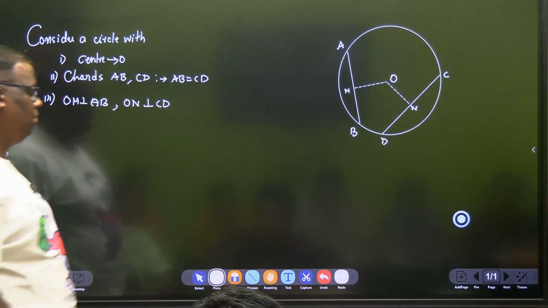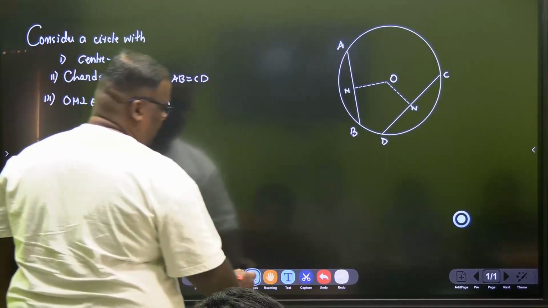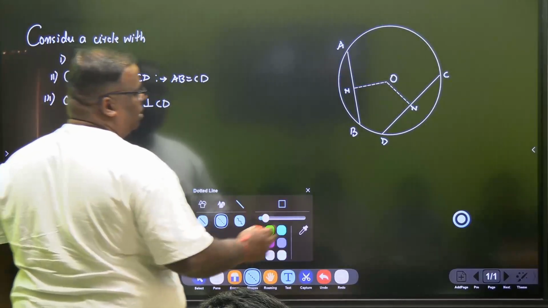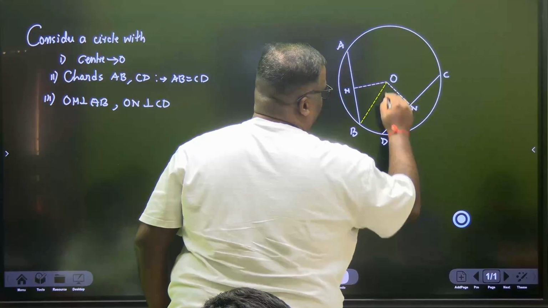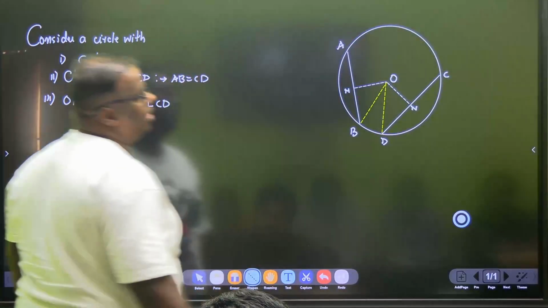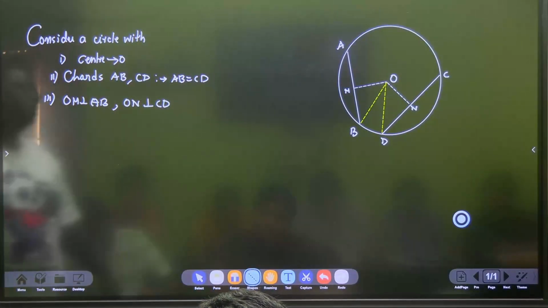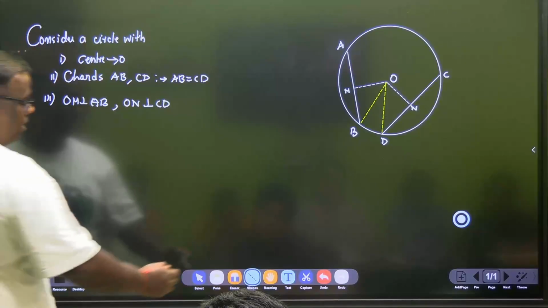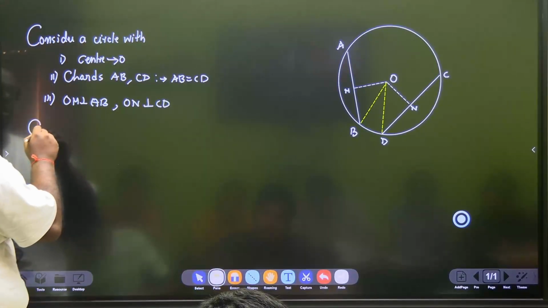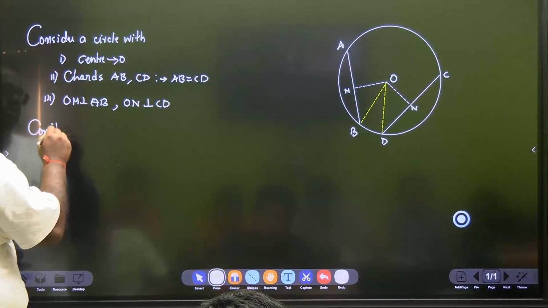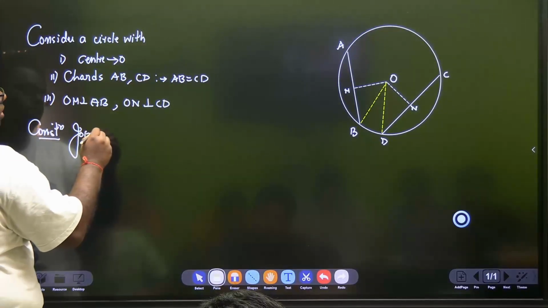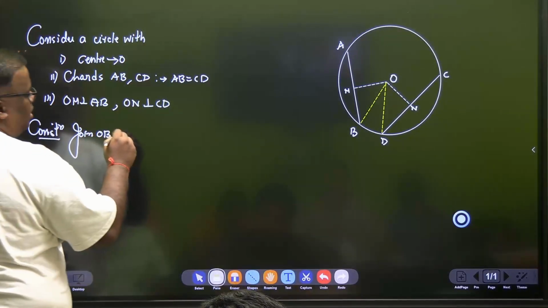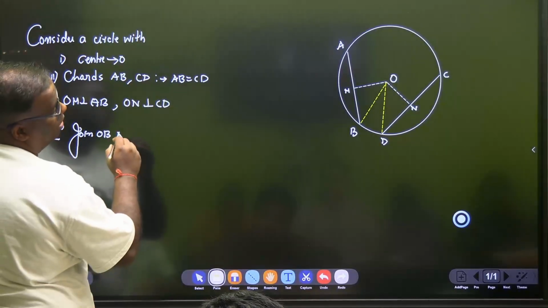By construction, I'm joining OB and OD. I'm making a construction, and in this construction I join OB and OD.